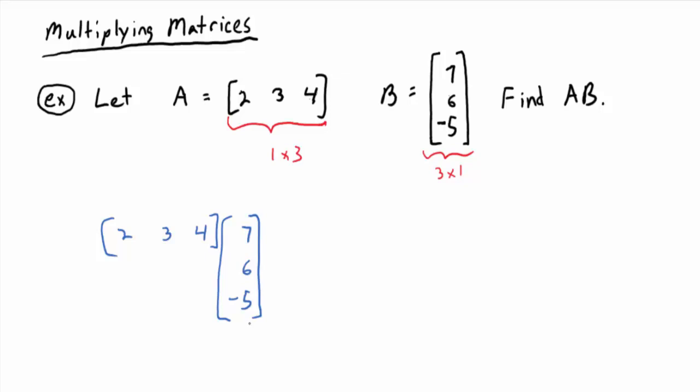Going across in the first matrix, you have the first entry 2, the second entry 3, the third entry 4. In the second matrix, you go down: the first entry is 7, the second entry is 6, the third entry is negative 5. So we just multiply first entry times first entry, second entry times second entry, third entry times third entry, and we add together.